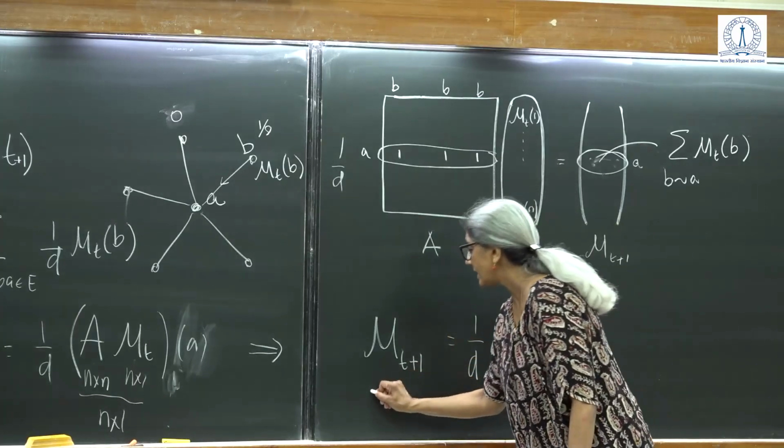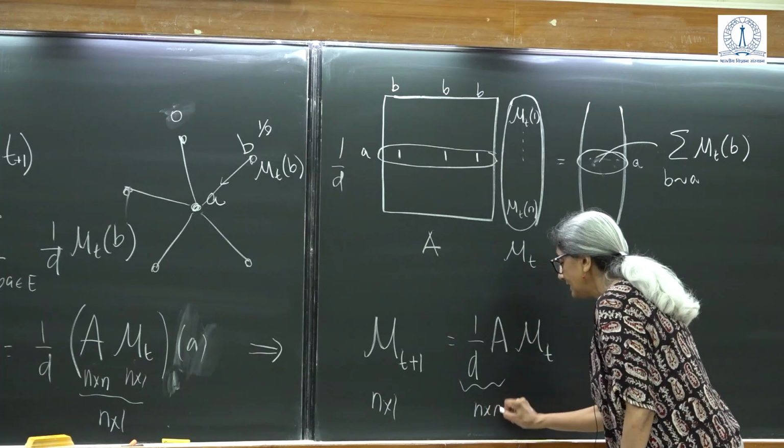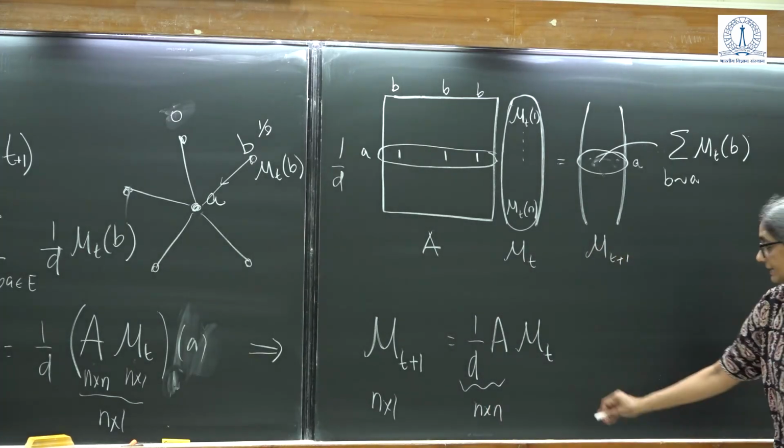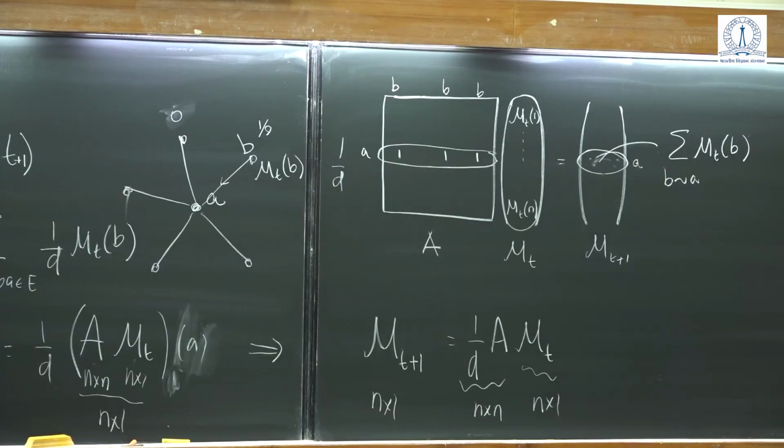So this is some n-dimensional vector. This whole thing is n by n. It's just a scaling of the adjacency, and this is also n by 1. Works out? Any other questions? Does that make sense? Okay, good?